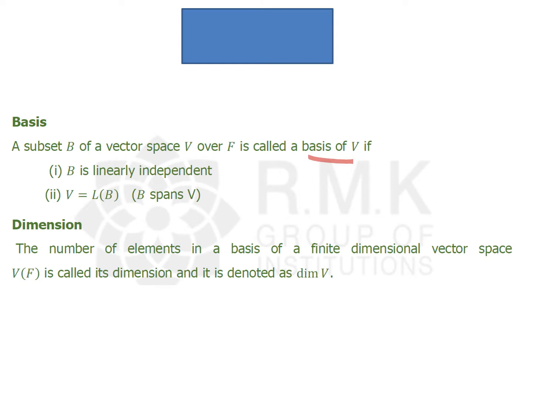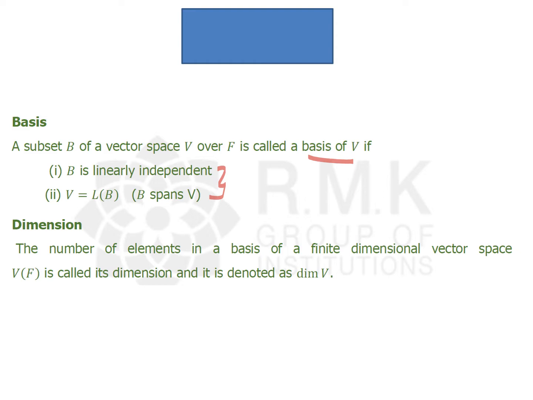First condition, the subset B should be linearly independent. The vectors there should be linearly independent, and B spans V. That is, V should be equal to the linear span of B. If these two conditions are satisfied, then you will call B a basis for V.